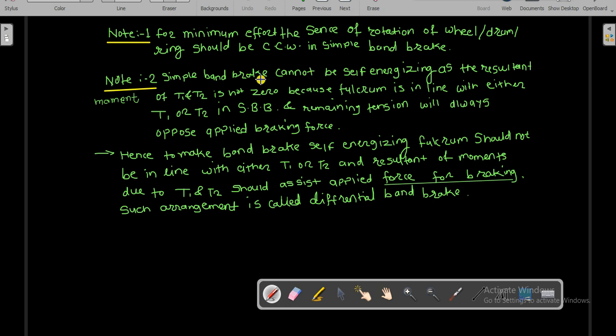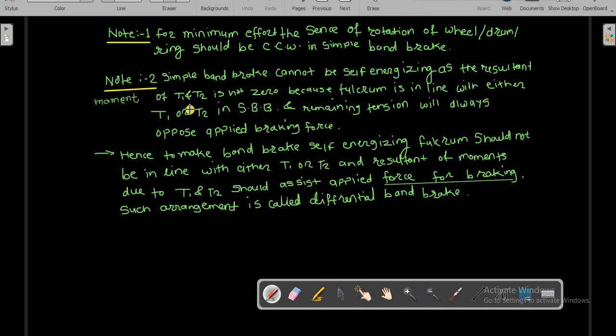Now, a simple band brake cannot be self-energizing, as the resultant moment due to the tension T1 and T2 is equal to 0 because the fulcrum is in line with either T1 or T2.